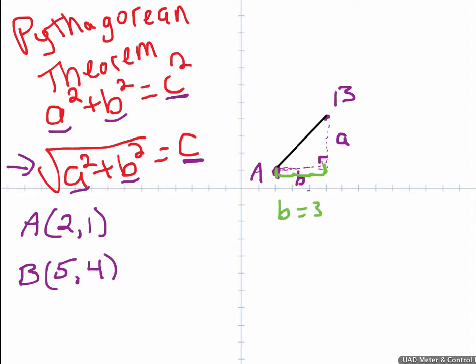I'm going to do the same thing with A. I'm going to count from my point B here to the right angle. 1, 2, 3. So A is 3 as well. Now, what I can do is plug and chug into the Pythagorean theorem, which we are going to use, this guy right here.